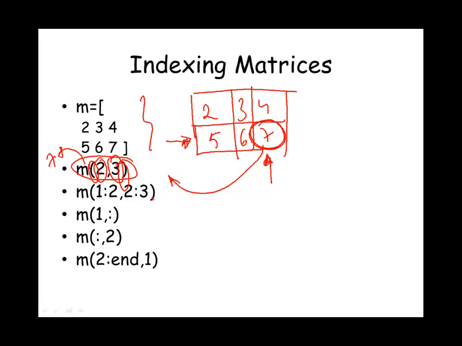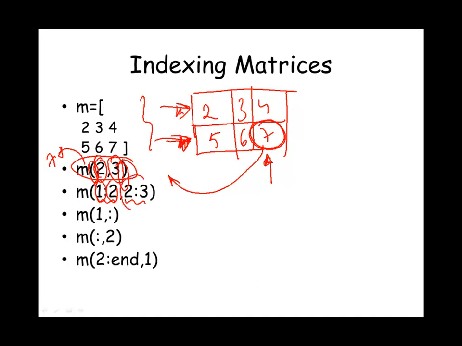Similar to vectors, instead of using single numbers for indexing, you can have an array of numbers. In that case, you would be extracting multiple elements from this matrix. So in this example, we are interested in extracting the first row and the second row. So we will be referring to both of these rows.